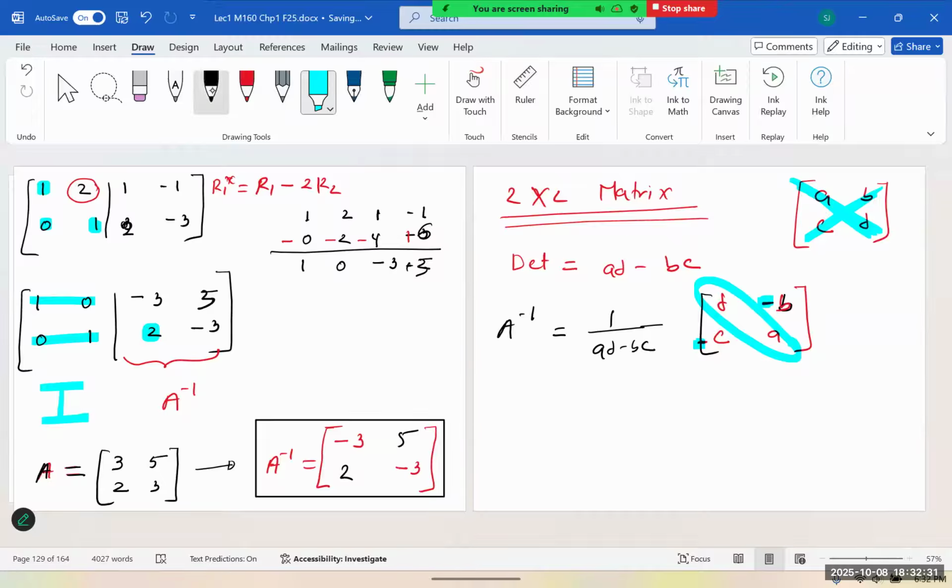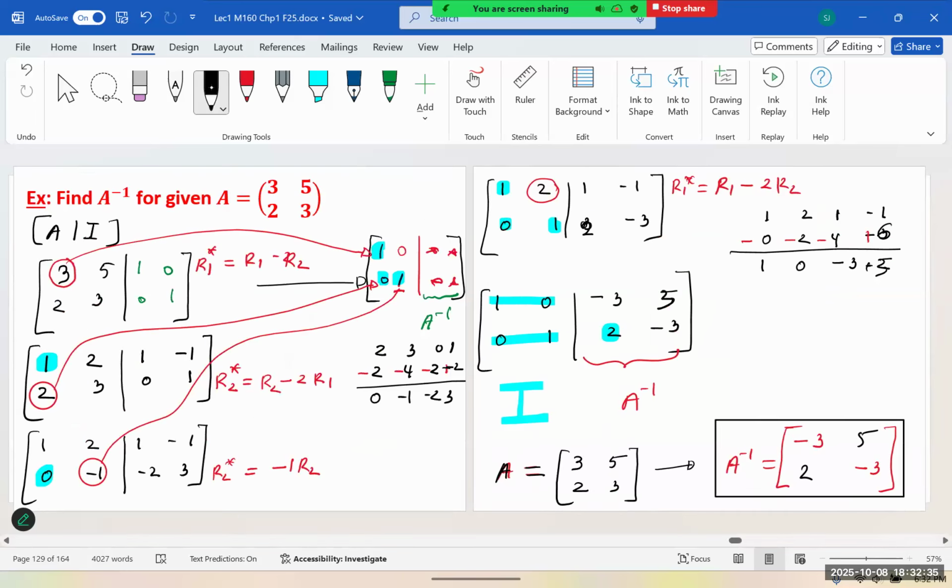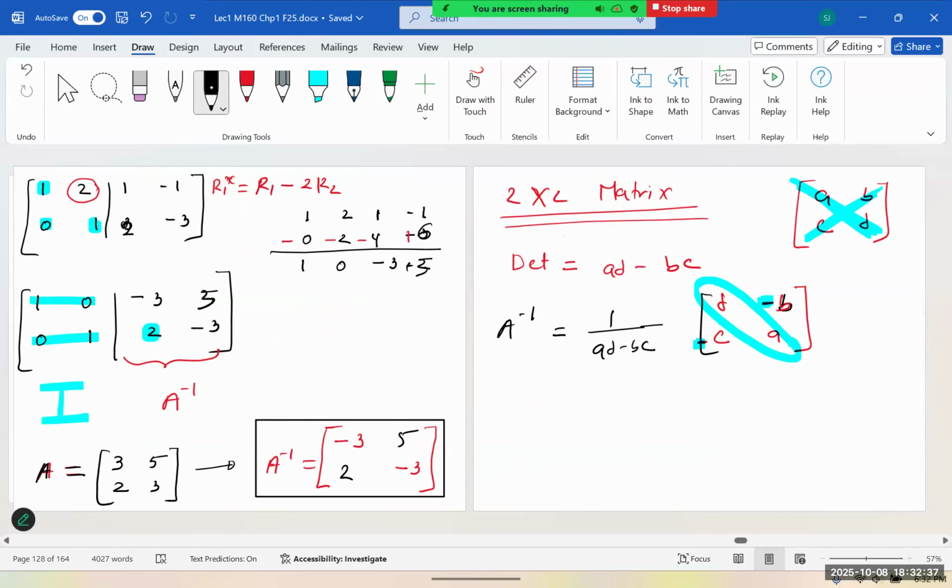So in our case, I was so sure that I did something wrong because I did all of this mentally. We have A equals 3, 5, 2, 3. That means our determinant was 3 times 3, 9, minus 5 times 2, 10. So it's -1.